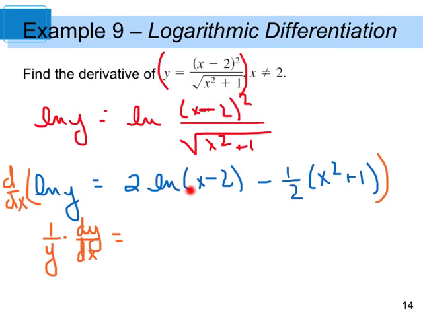Here and here, I'm going to use that the derivative of the natural log of u is u prime over u. I'm also just going to multiply by the constant. So it's your coefficient, 2 times 1, that's my u prime, over u, minus 1/2 times u prime over u.